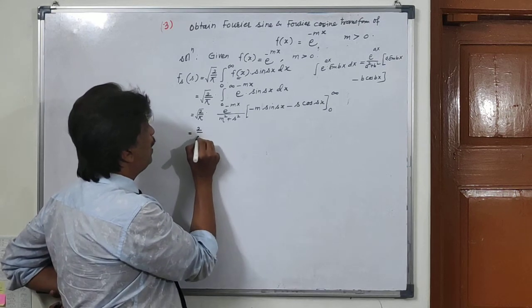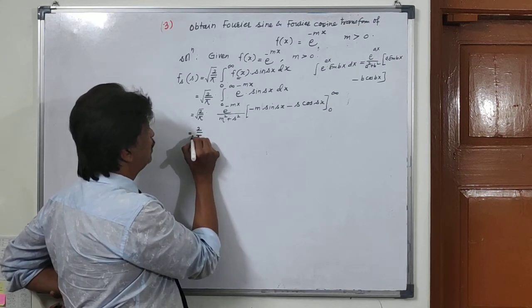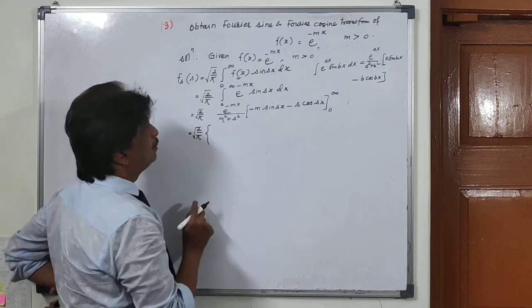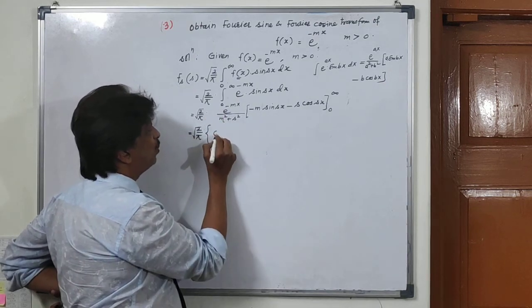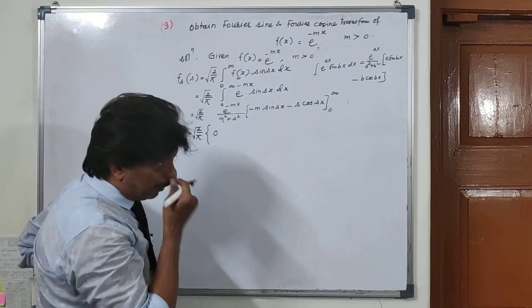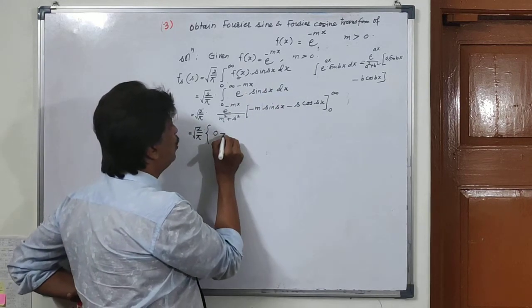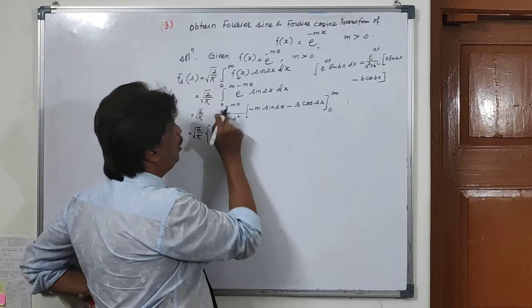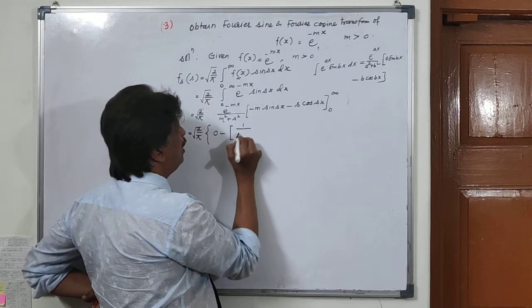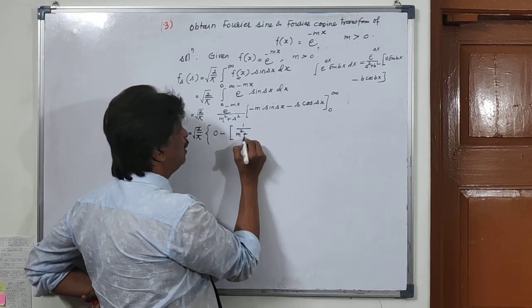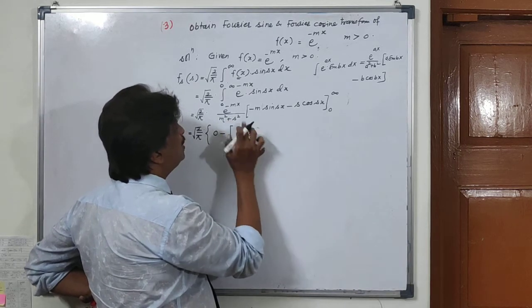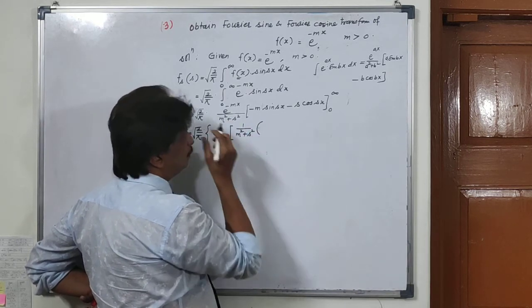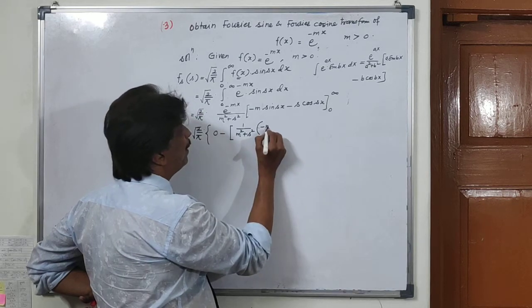Root of 2/pi times. For upper limit x equal to infinity, e to the power minus infinity is 0. 0 into anything is 0. Minus. Now employ lower limit. e to the power 0 is 1 upon m square plus s square into minus m.